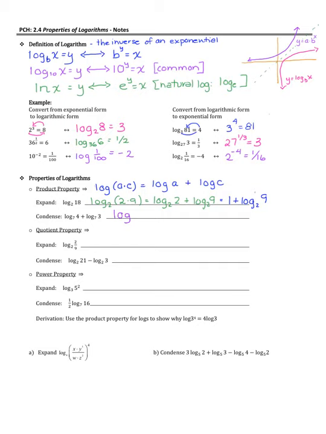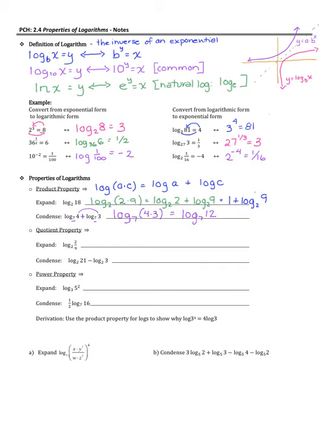You need to condense it into one log. So it's log base 7, notice they both have the same base. We aren't going to be evil and not give you the same base. And since it's addition between, I multiply the arguments. So 4 times 3, which we can now write as log base 7 of 12. And we're done.